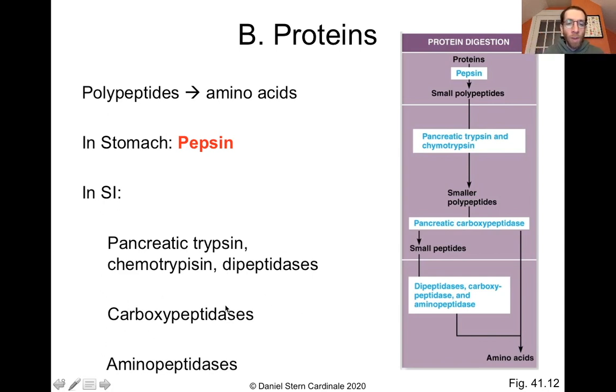There's also carboxypeptidases and aminopeptidases, which break down polypeptides from either end, 1 amino acid at a time. The enzyme I need you to know here is pepsin. You should recognize carboxypeptidase as something that breaks down polypeptides, but you're not going to be required to tell us anything else about that.